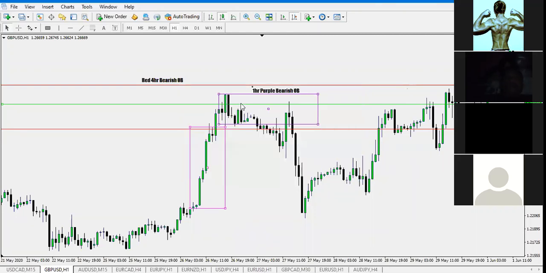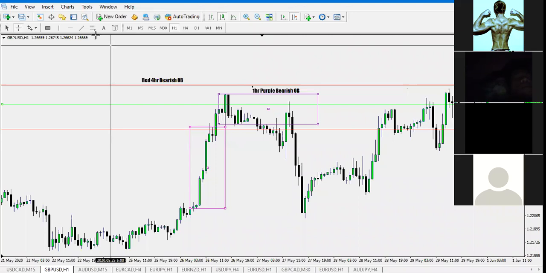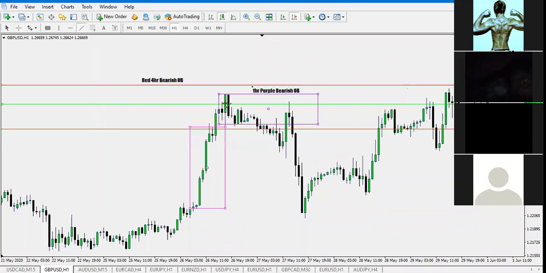Now, if you've watched the previous videos, when price data intersects with institutional price levels, a 4 hour bearish order block, a liquidity void, notice it's a liquidity void and not a fair value gap, we can then look for a trade setup here. In the first video I told you that a good entry point for an order block is at the 50% level.